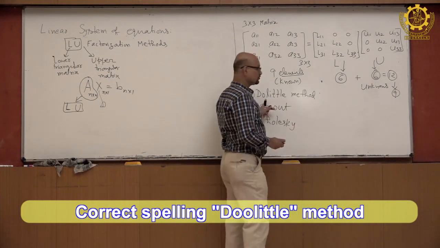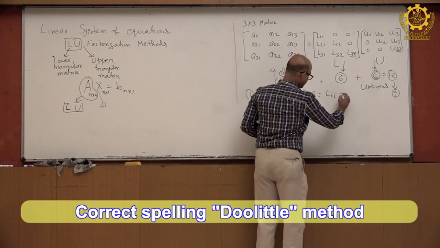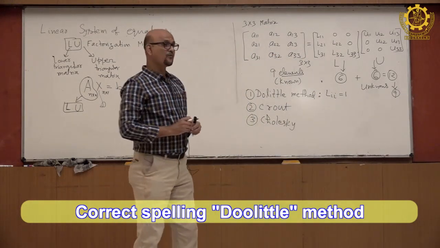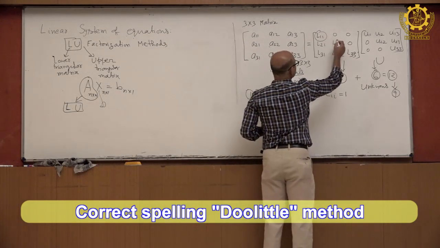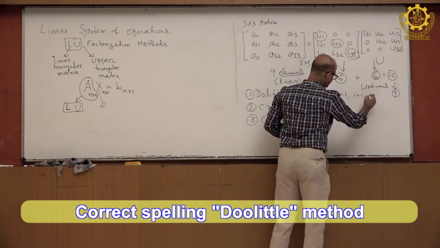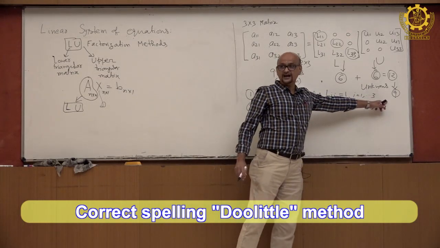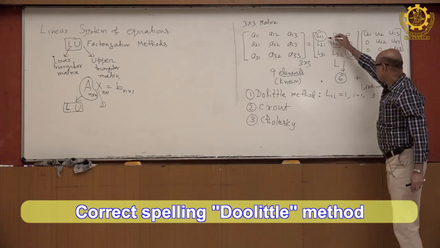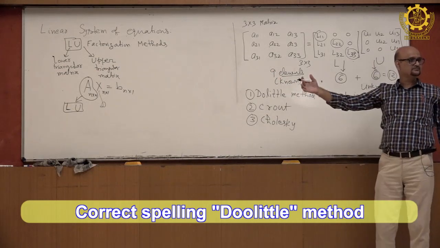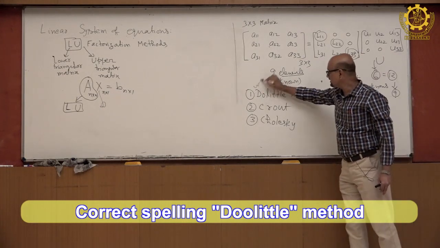So what he did, this Doolittle, he substituted this Lii as 1 arbitrarily, Lii as 1. So that means L11, L22, L33 is 1. For this example, i is 1, 2, 3. Fine. So now it will be reduced to 9 elements, because I have supposed these are all 1. So I have 9 elements this side, 9 elements this side, 9 equations, 9 unknowns, so I can find those. Fine. So he did this.